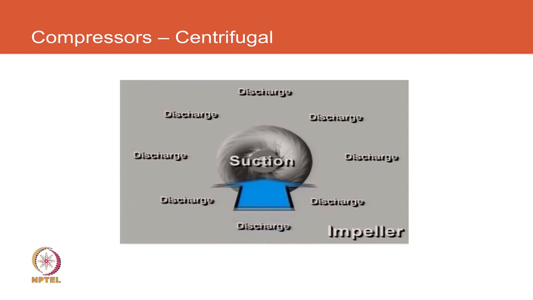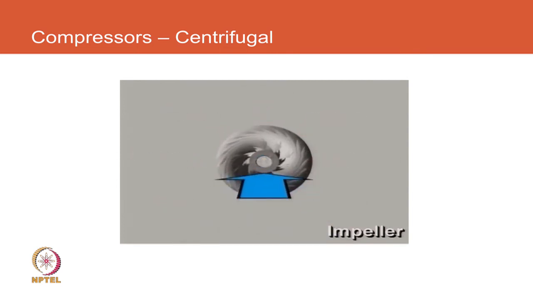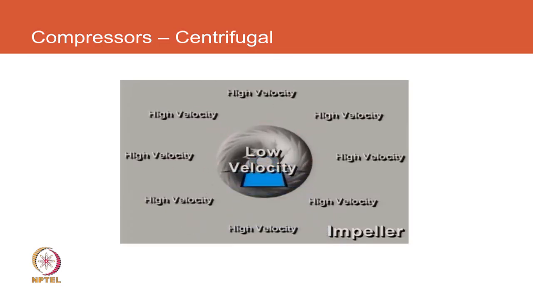So here we can see the impeller, and all the impeller is doing is throwing the refrigerant centrifugally out. So low velocity refrigerant entering in the center and being thrown radially outside.